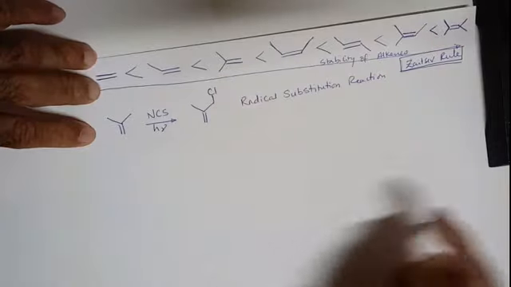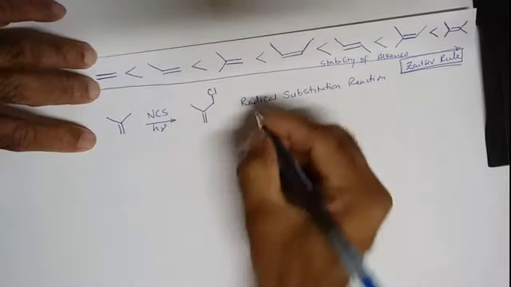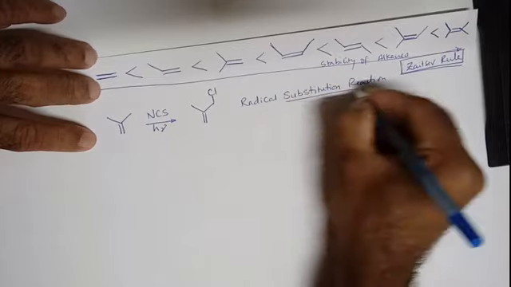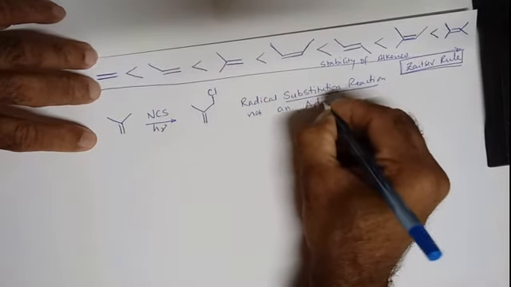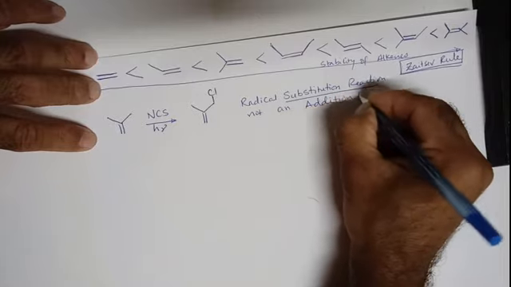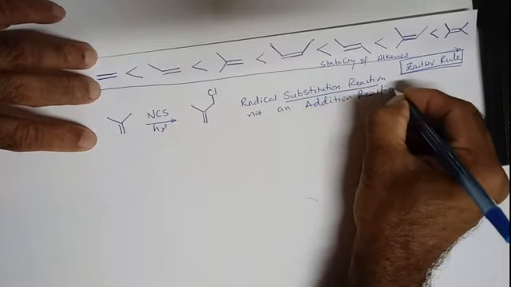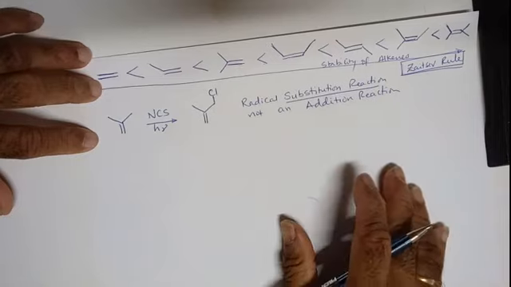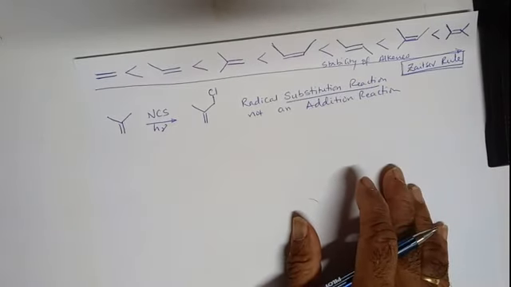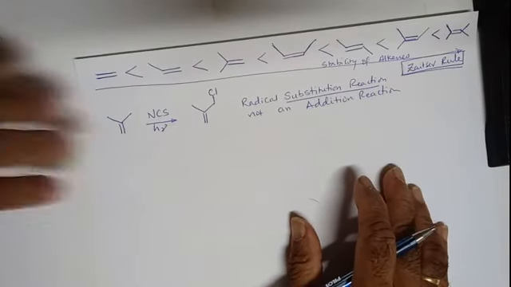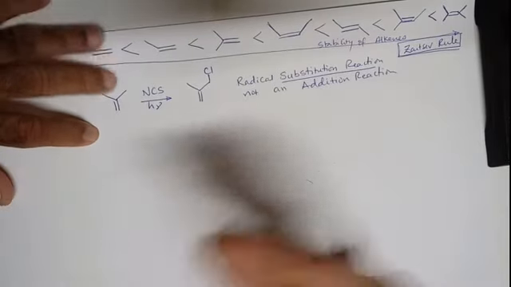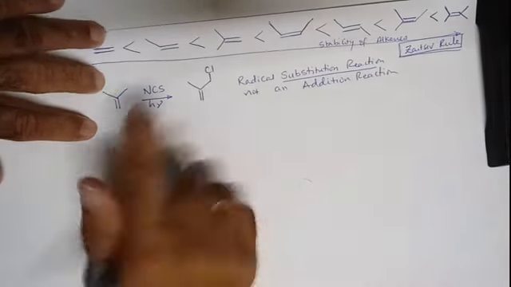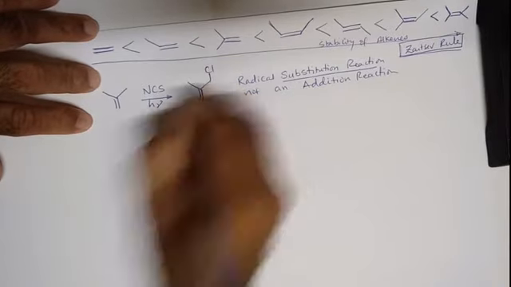That hydrogen is removed and chlorine is substituted in its place. Okay, it's a substitution reaction, not an addition reaction. For that reason, this reaction doesn't fit our previous conversation, because all our alkene addition reactions, we thought they were electrophilic addition reactions. In this case, we retain the pi bond.